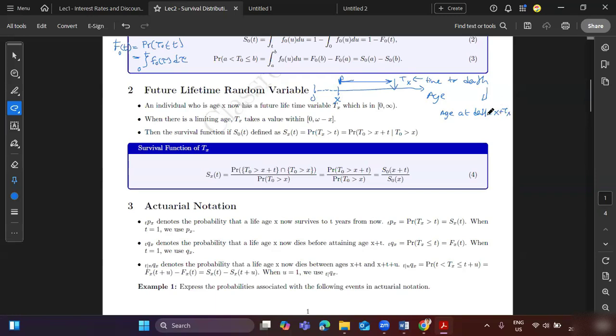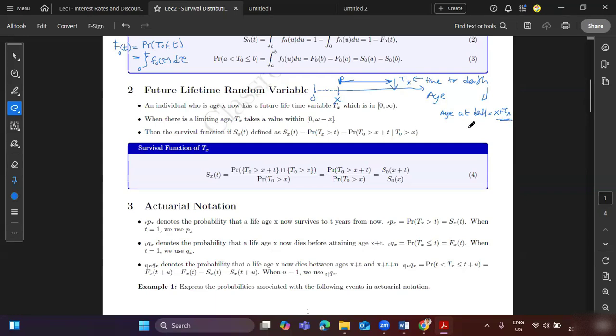So that person has already lived for X years, and starting from X, he will survive for Tx more years. So the age at death is equal to X plus Tx.